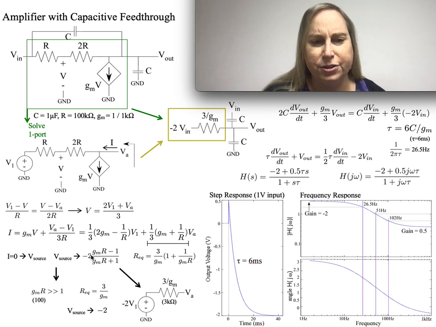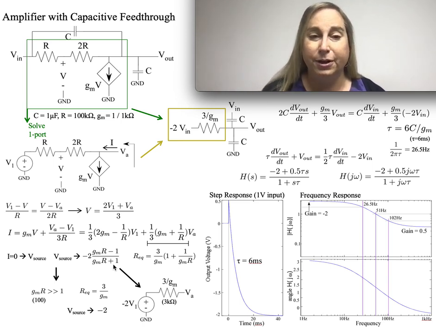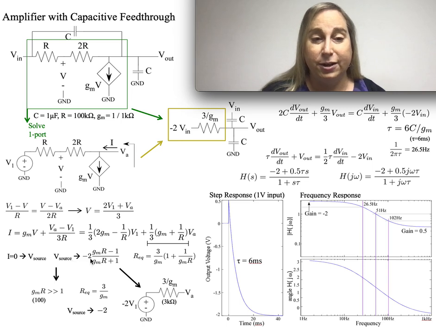It gives me a minus 2 GM R minus 1 over plus 1 term. Very interesting, because if GM times R is much larger than 1, and for the example numbers we threw out here it's like 100, then those 2 numbers very close to 100 over each other cancel out, and you get just minus 2.